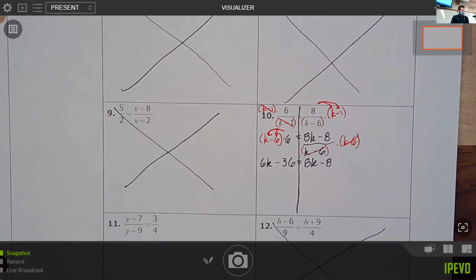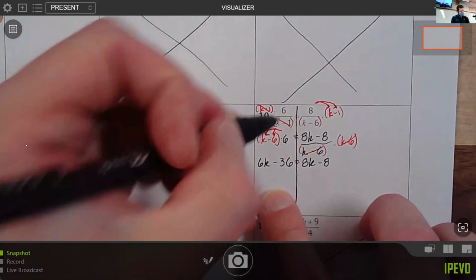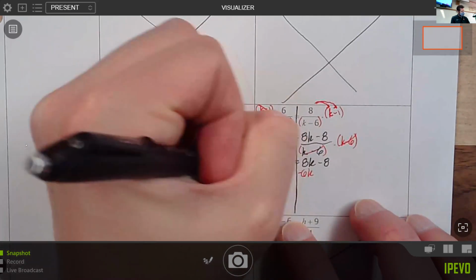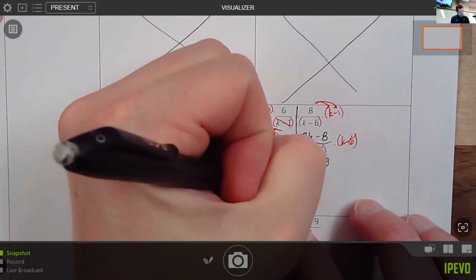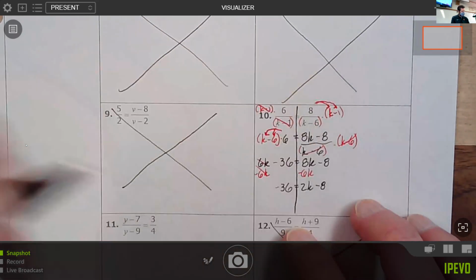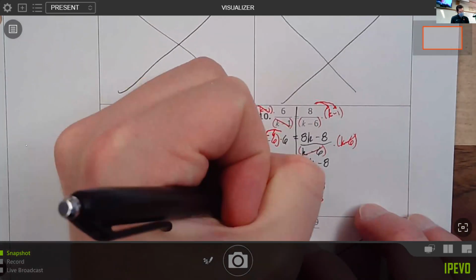All right. So we multiplied both sides by both of the denominators. We've distributed. Now we need to move everything with a variable to one side. I'm going to subtract 6k from both sides this time because I like to keep my variable terms positive. And so that'll give me negative 36 is equal to 2k minus 8. 2 more steps, add 8 to both sides.